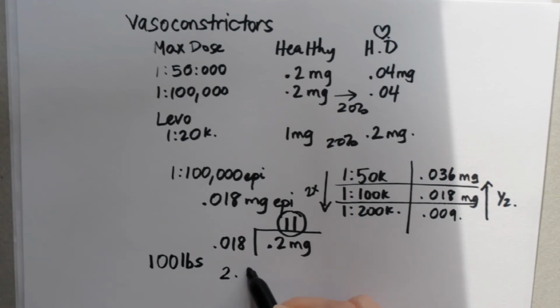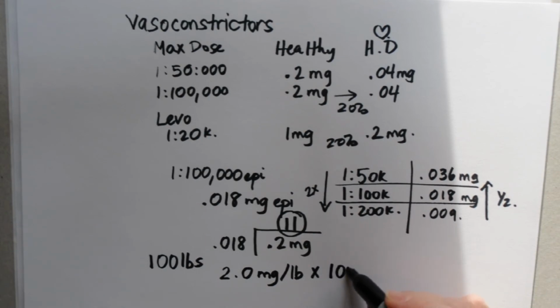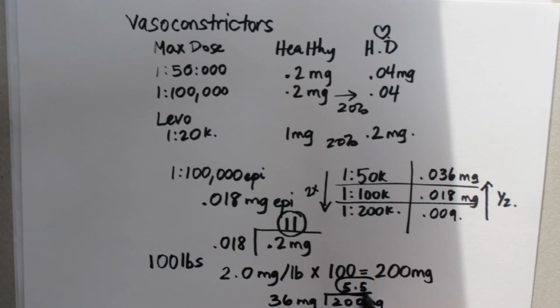And from previous videos, we know that 2.0 milligrams per pound times our weight, and this is for lido only, is 200 milligrams. And if we divide that by the 36 milligrams that are in a single carp, we end up with 5.5 carps.